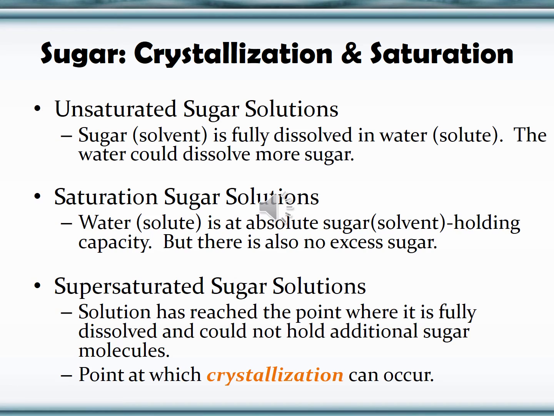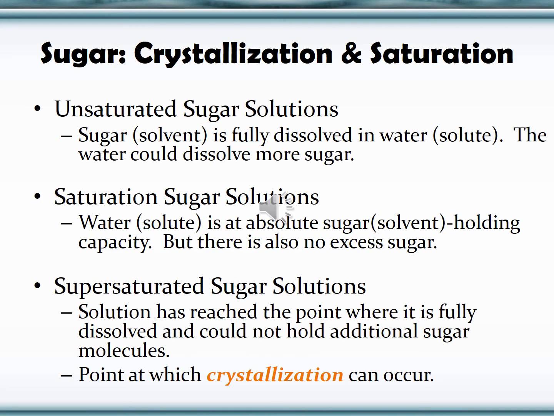Crystallization is a form of saturation. Saturation is a term related to a solution. So let's start off by explaining what a solution is, then describe saturation, and from here we can go on to explain the crystallization of sugars. So a solution is a mixture of a solvent and a solute. These are both really simple concepts.